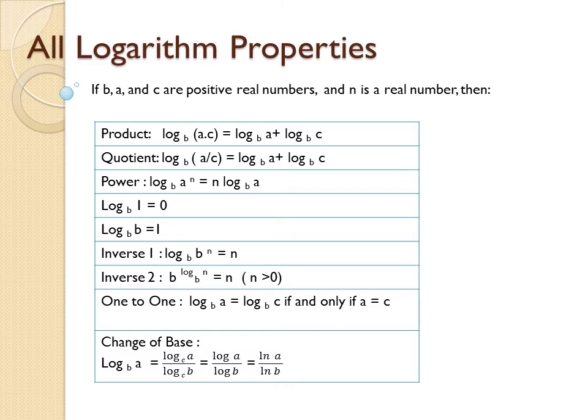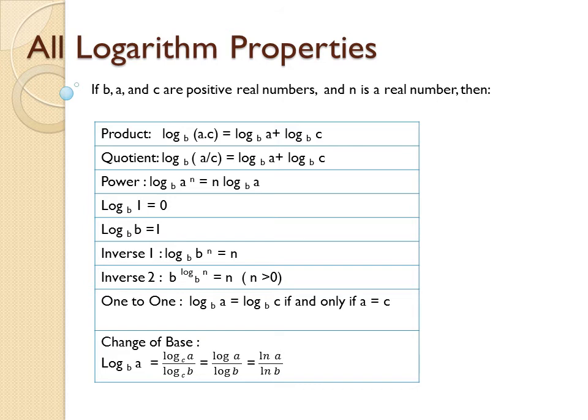Next one is log a to the base b equal to log c to the base b. If both the bases are equal, the logs are equal if and only if a equals c, because b equals b is the base. If a and c are both equal, then only log a to the base b equals log c to the base b. And the change of the base: log a to the base b equals log a to the base c divided by log b to the base c.